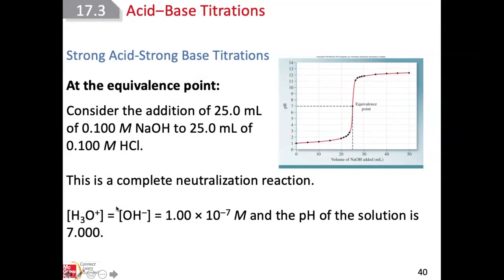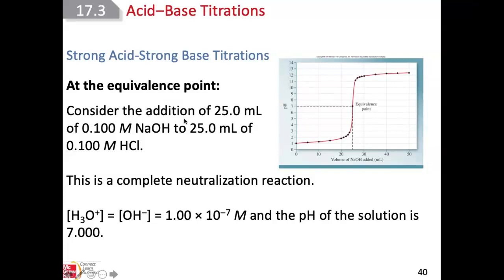And at that time, all the H plus from the HCl will completely be neutralized by all the OH minus coming from 25 ml of NaOH.